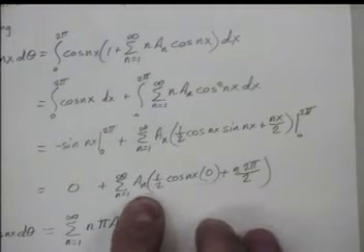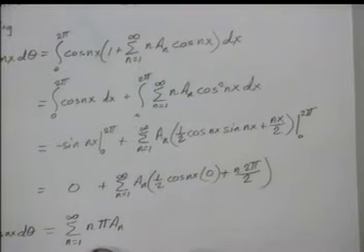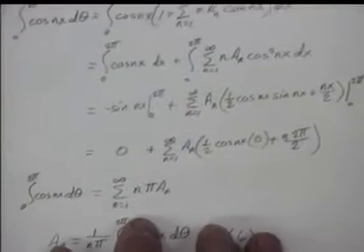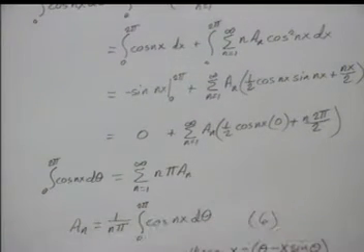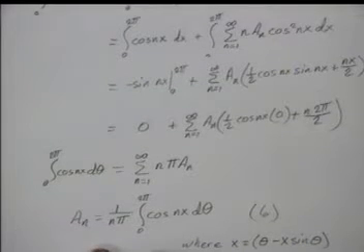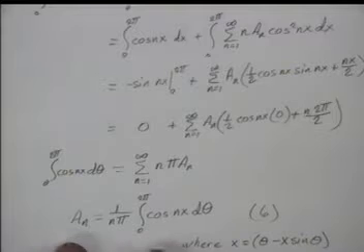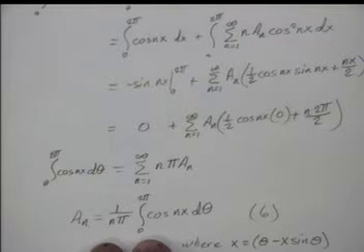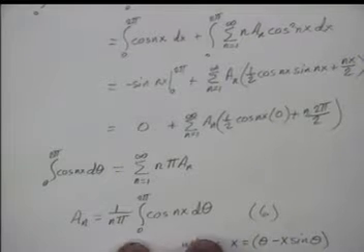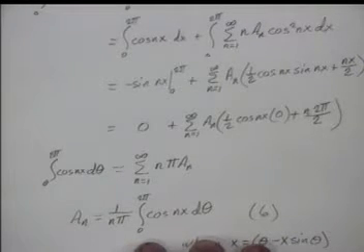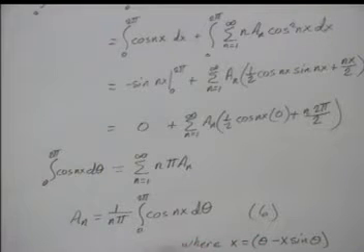So n pi times a_n is simplified to the sum of n times pi times a_n, n going from 1 to infinity. So now we can rearrange that equation so that it says a_n is equal to 1 over n pi times the integral from 0 to 2 pi of cosine nx d theta.